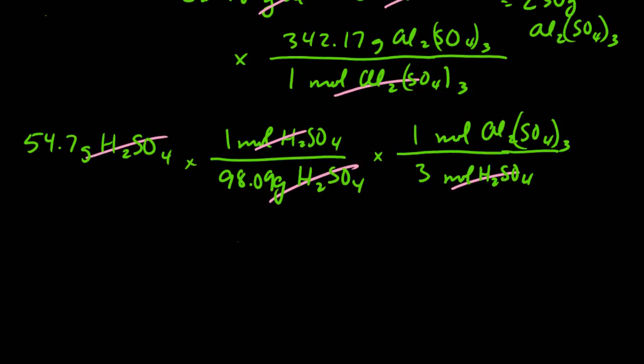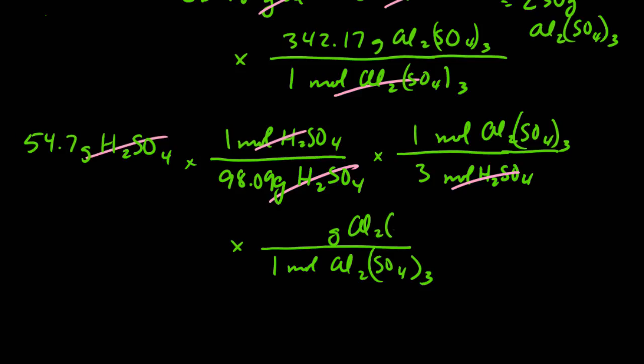Then we can convert from moles of the aluminum sulfate to grams of aluminum sulfate by putting the moles of aluminum sulfate on the bottom, the grams of aluminum sulfate on top. Well, this number hasn't changed. We see above that that value is 342.17.